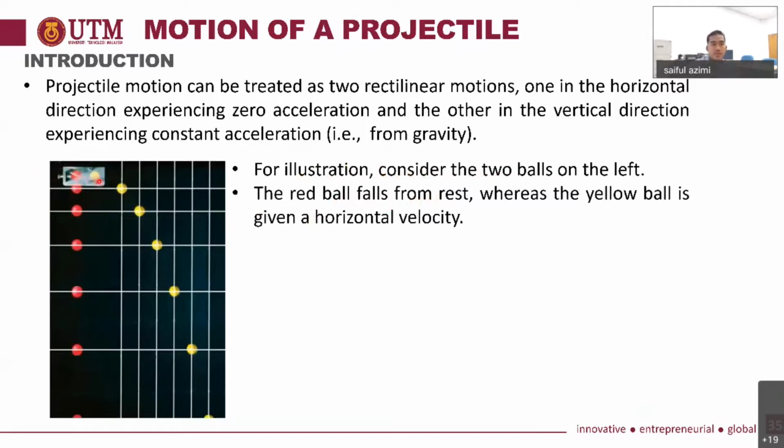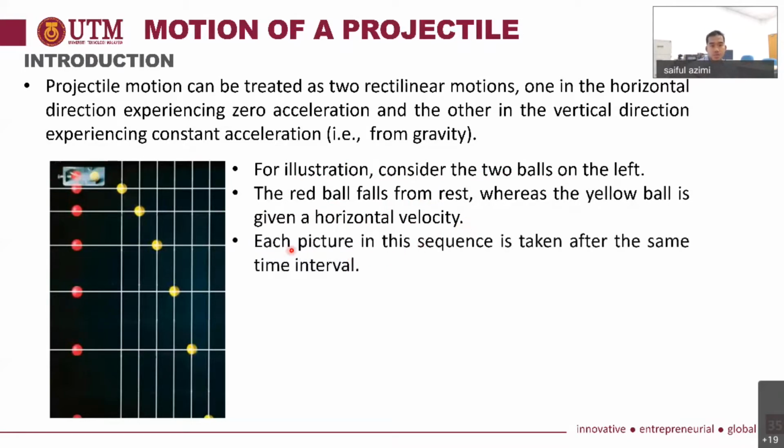And the yellow ball, you throw it with a horizontal velocity, horizontally. Each picture in this sequence is taken after the same time interval. You see here the first ball, second ball, third ball, fourth ball, fifth ball, sixth ball, and seventh ball, all taken at the same time interval.